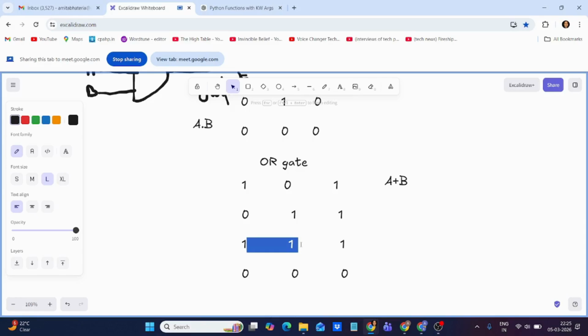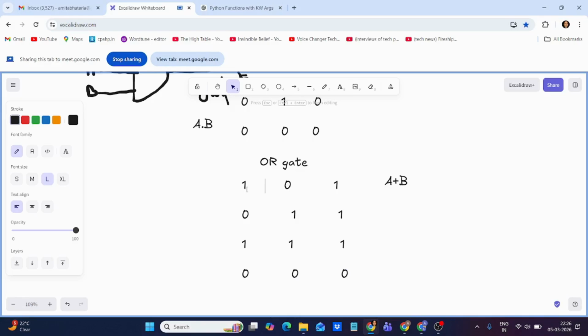So instead of 2 we can write down an integer number which can be 1 also. So 1 plus 1 will be 1. And 0 plus 0 will be 0, right? So this is the boolean table for the OR gate, and you know how to draw it.